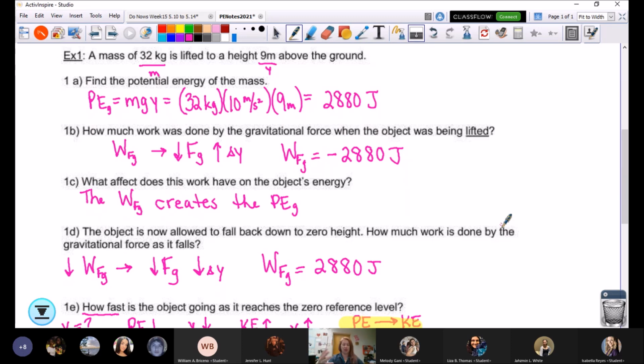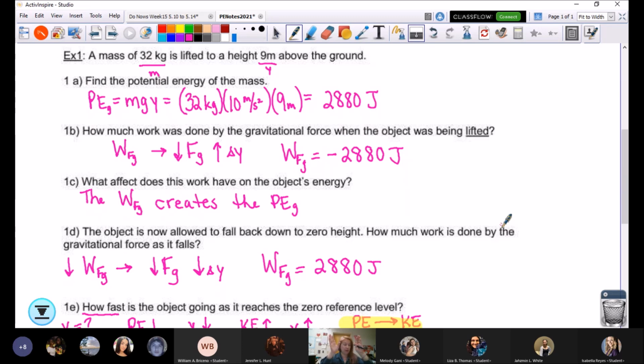So keeping that in mind, we're going to analyze the situation and look at each individual component or quantity that we know about our object. We know that we're at a height of 9 meters above the ground. And before it falls, the object is at rest. So all of my energy at the maximum height is potential.